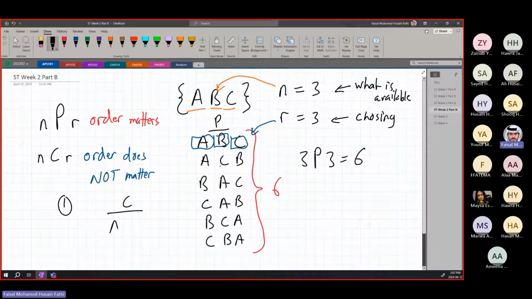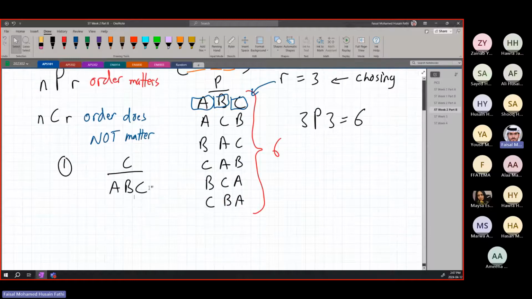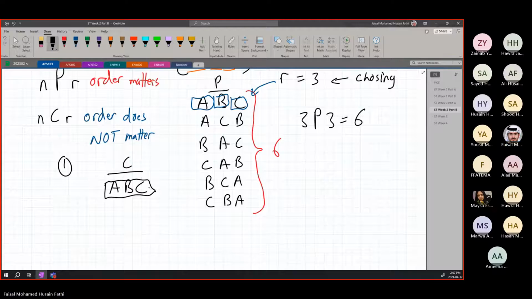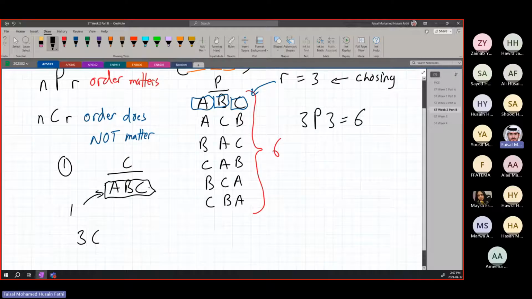We only have A, B, C. It doesn't matter if C is first, B is first, or A is first, as long as we have these 3 letters. So we only have 1 choice. This is what I mean by NCR being equal to 1. If we write 3C3, you'll notice the calculator gives us 1.